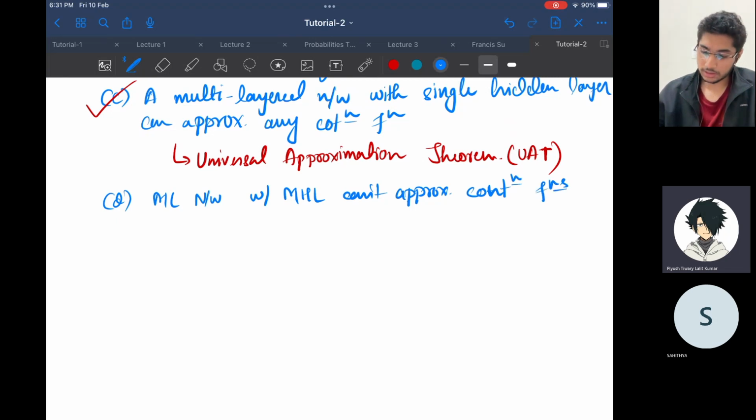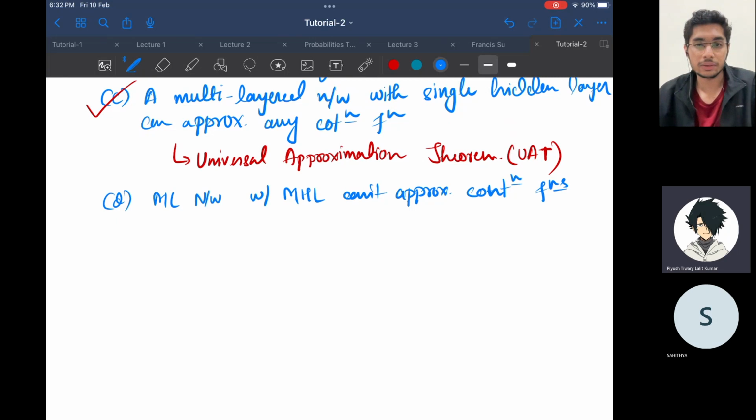This is not true. UAT tells you that even if you have a single hidden layer, you can approximate it. And if you have multiple hidden layers, you can always approximate any continuous function.